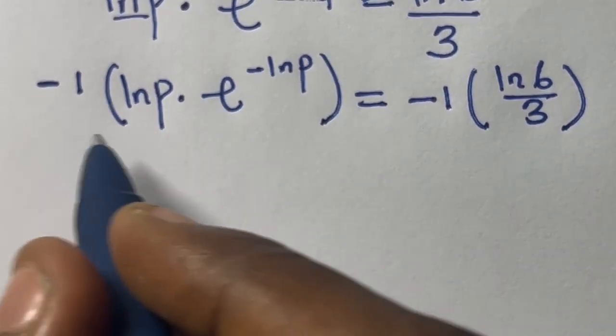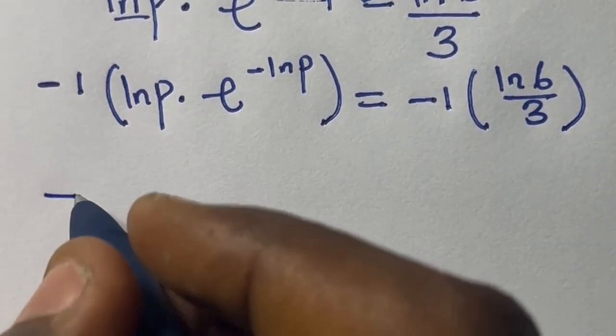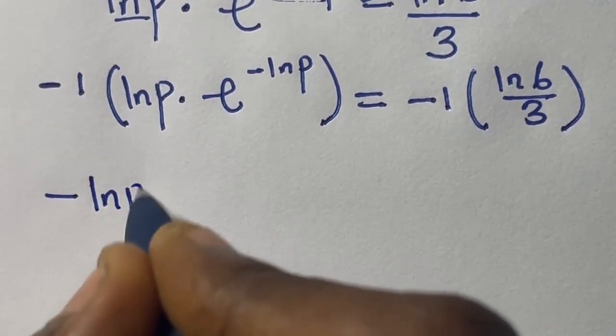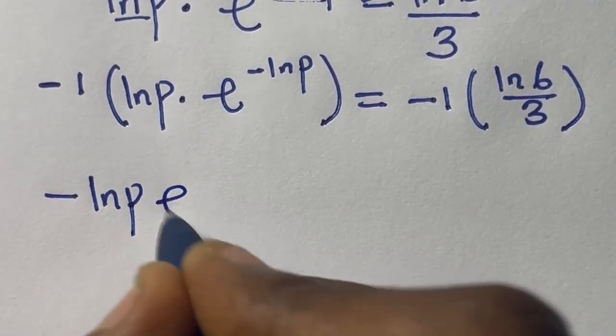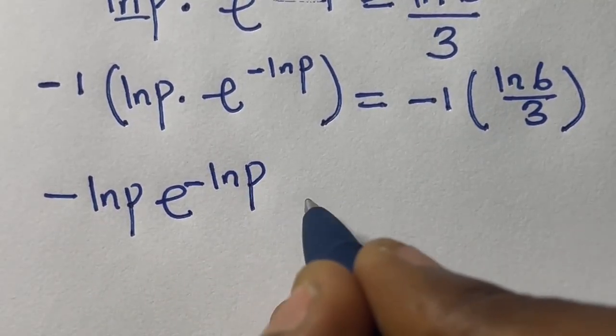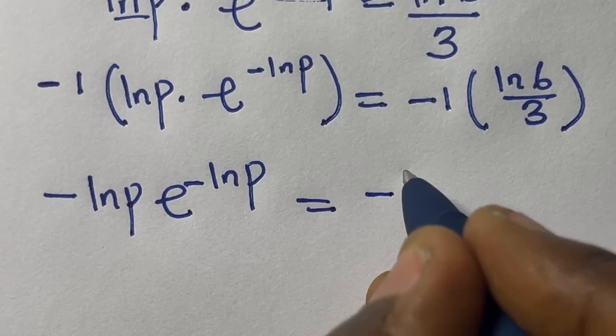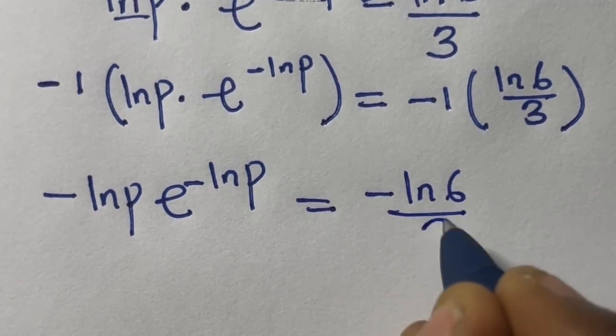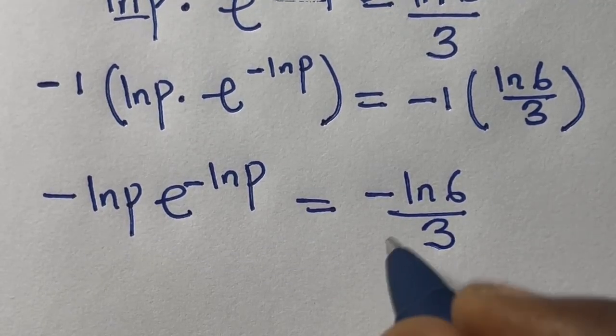So now we will have minus ln p exponential minus ln p. You can now see the base and the power are the same. So we have minus ln 6 divided by 3.